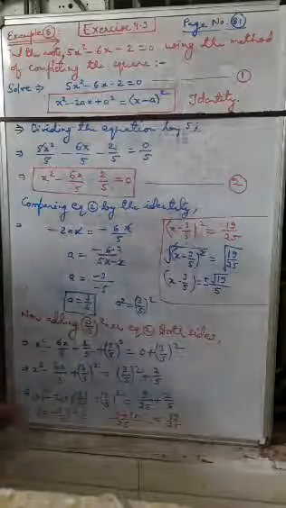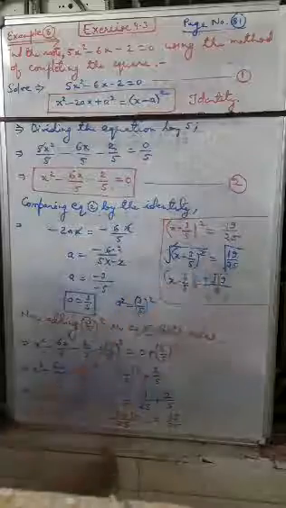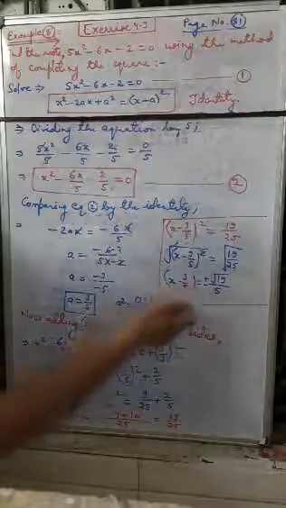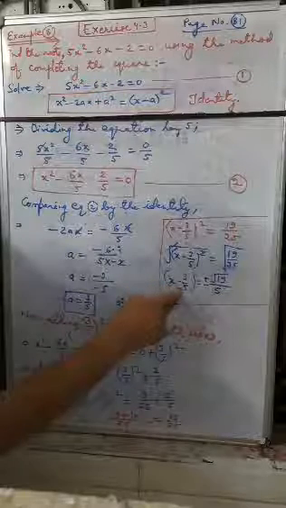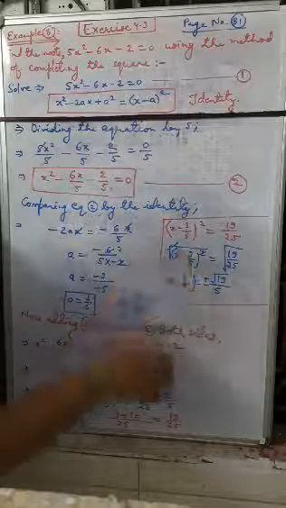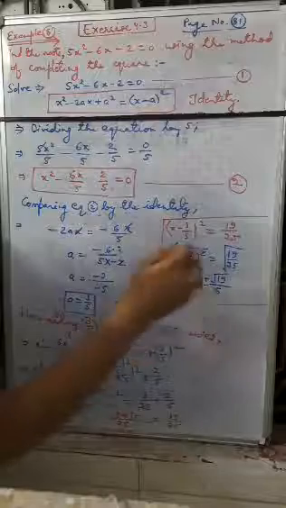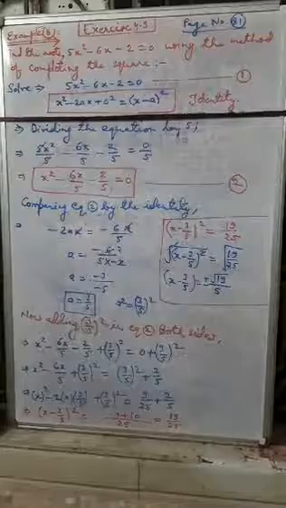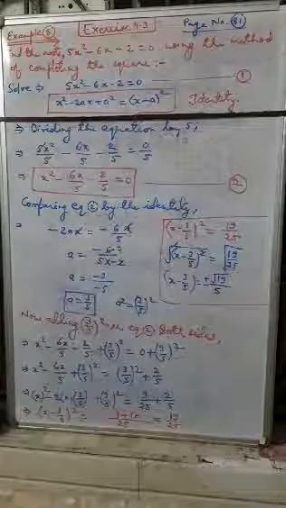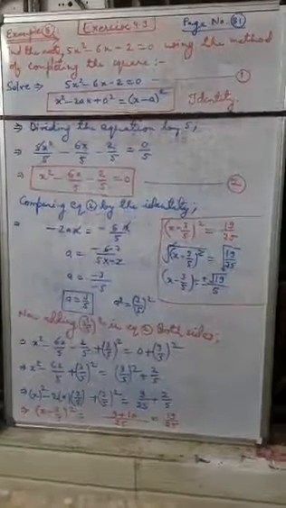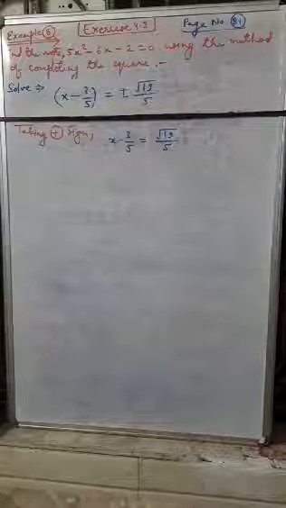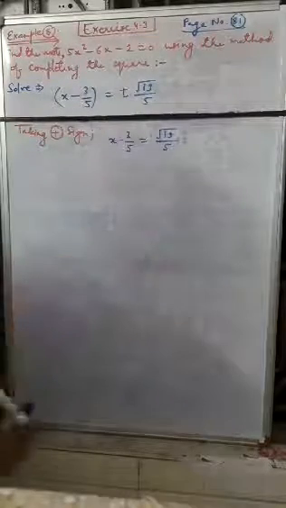So we will get two signs, plus or minus here. So in next step, further you can take plus sign for finding one value of x and taking minus sign for finding one more value of x. So it is the solution of this equation. We are having x minus 3 by 5 is equal to plus minus under root 19 by 5.